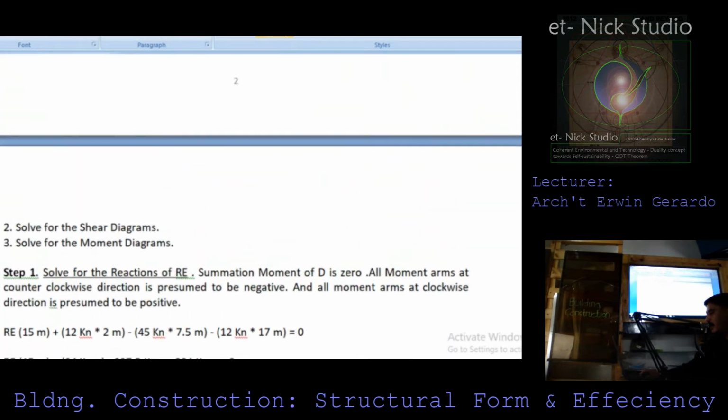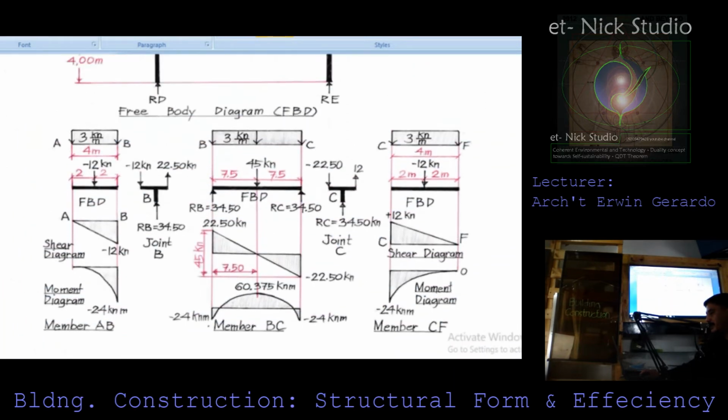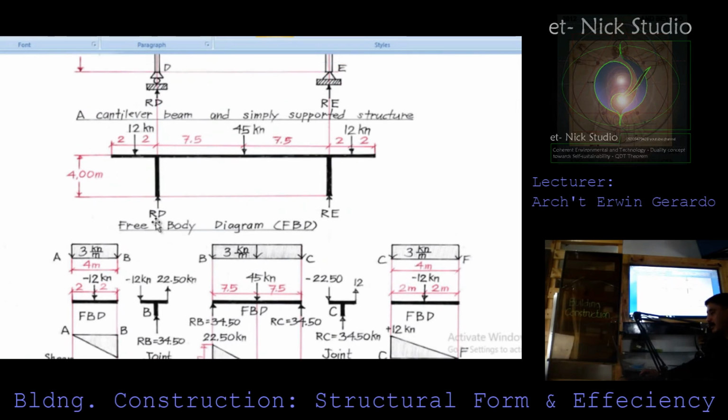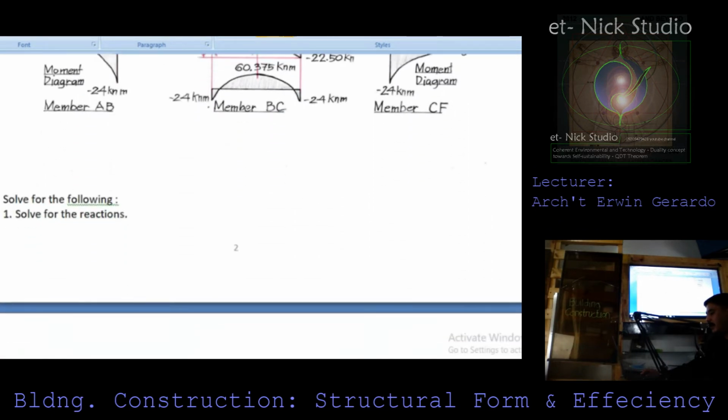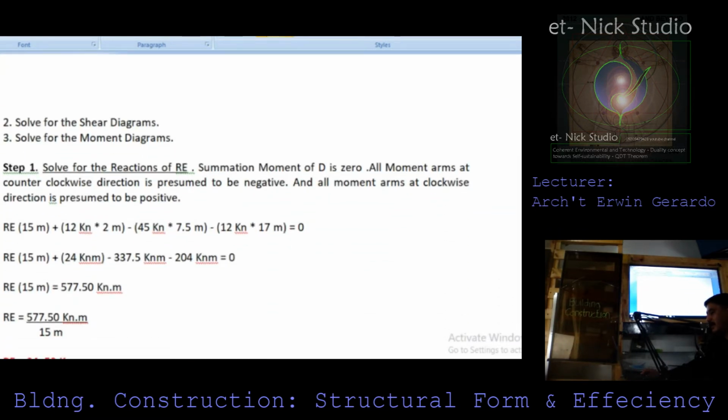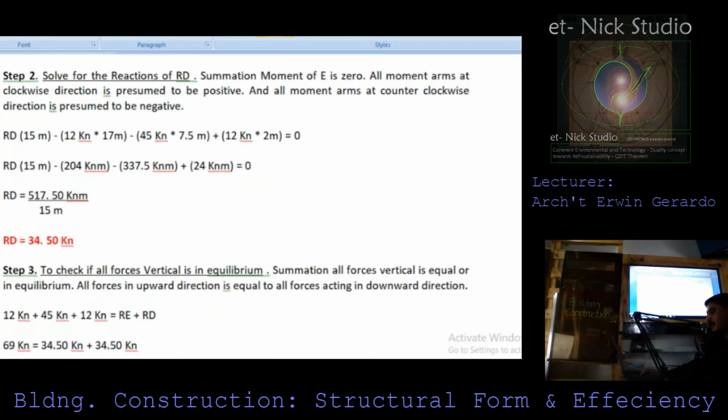So meaning from this direction, your Rs of D is actually reaching this mark. So for the 12 kilonewton, we have here 7.5 plus 7.5 plus 2, which is equivalent to 17 meters. So it is presumed to be negative. Now 45 kilonewton times 7.5, we have negative here.